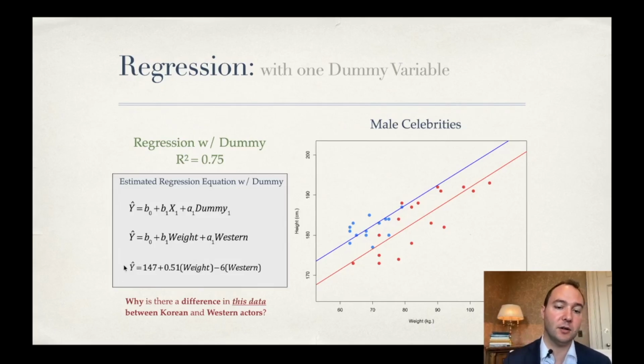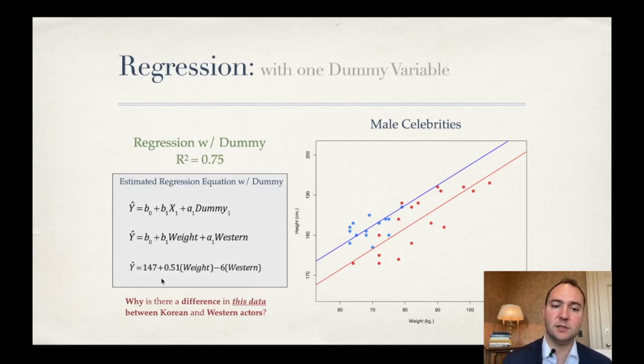Let's take the other example here. Let's say we calculate the same person and we estimate that their height is 180, but they're Korean, so this would be 0, not 1. So we would say minus 6 times 0. What's 6 times 0? 0. In other words, in the case that we're looking at a Korean actor, this would be 0, so this part of the equation would not be counted, so our equation would simply be 180.